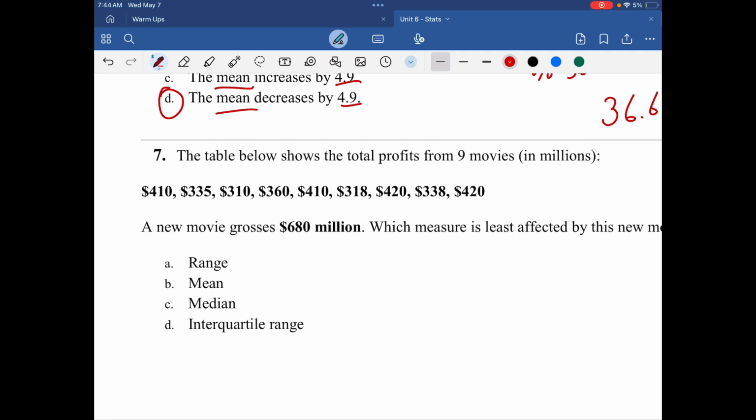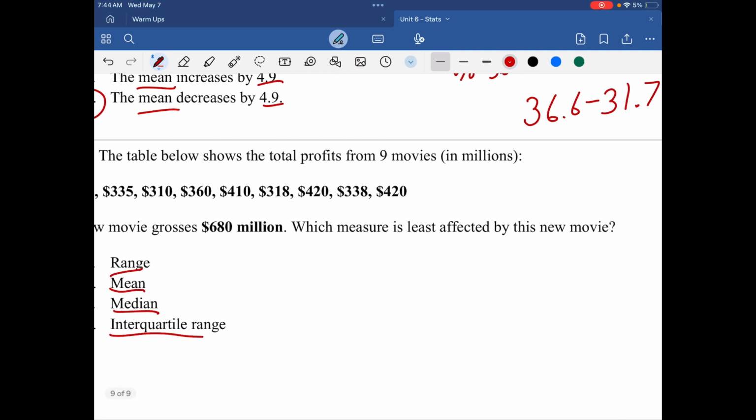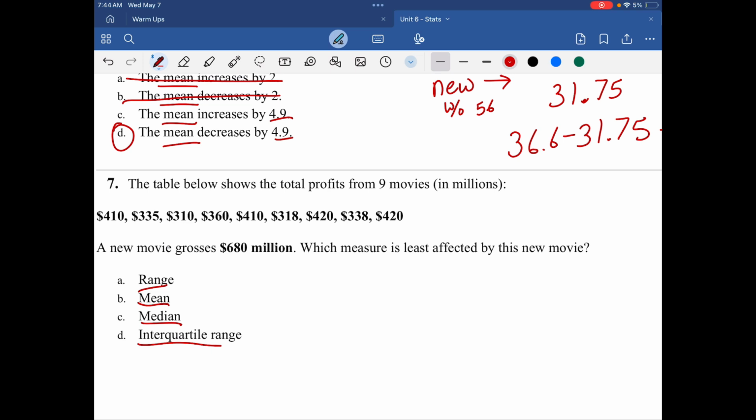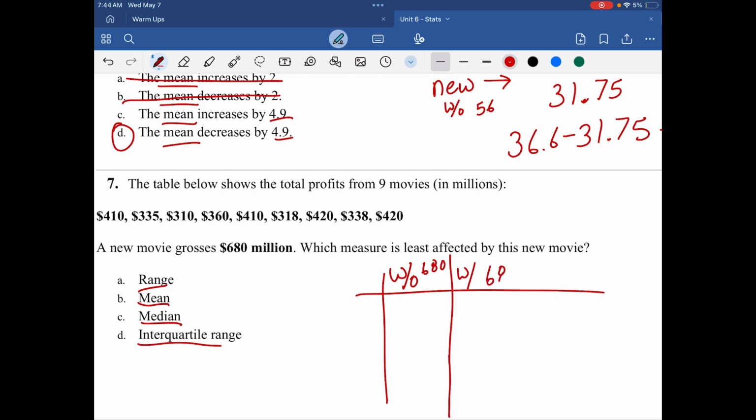So if we look at our answers so we know what we're looking for, we see range, mean, median, interquartile range. I'm going to do the same thing we've been doing on all the other previous problems. Make a little table to keep our data organized. So we'll say without the 680, with the 680, and the difference.